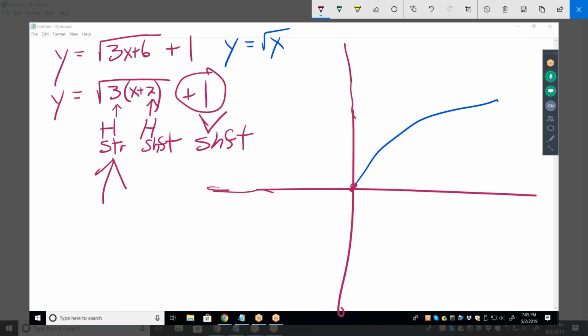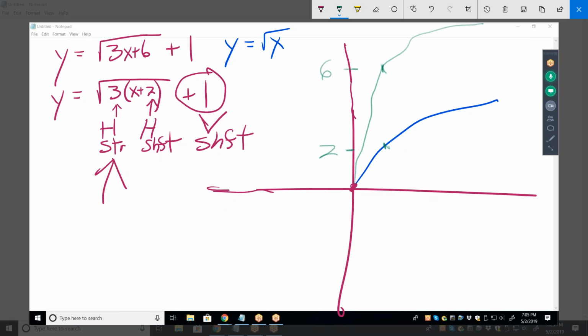So to do a stretch of my blue line, I have to make every point on the blue line be 3 times higher, like that. In other words, if that comes at 2, then that comes at 6.